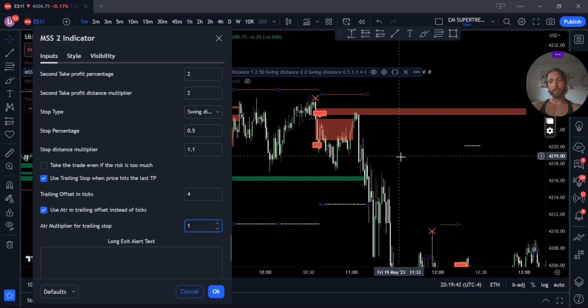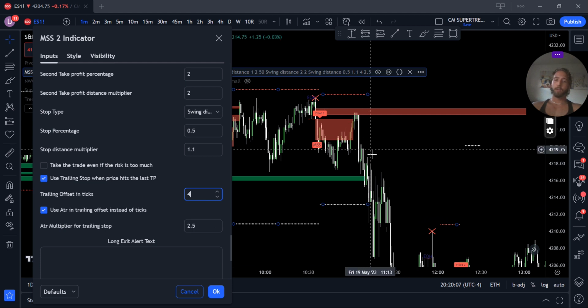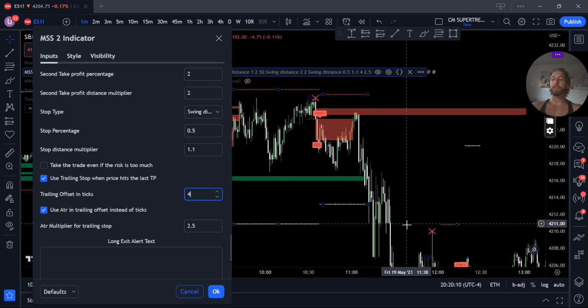The reason for that is because the SuperTrend is using the close of the candle to determine where it's going to sit until it gets hit or it moves more. I'm using each tick. So 2.5 is pretty common. If you use a 2.5 ATR, it's going to follow it, but per tick, not for the close of the candle. I'm not going to hash that out, but I just wanted to make sure I pointed that out.